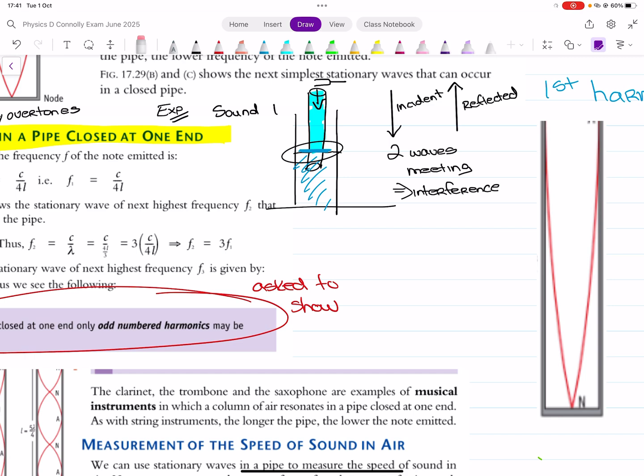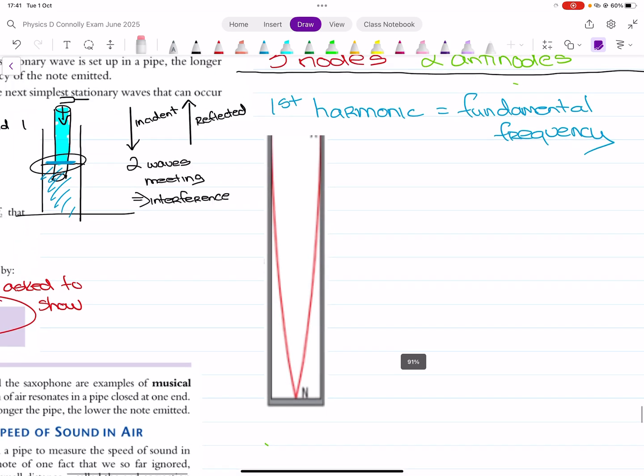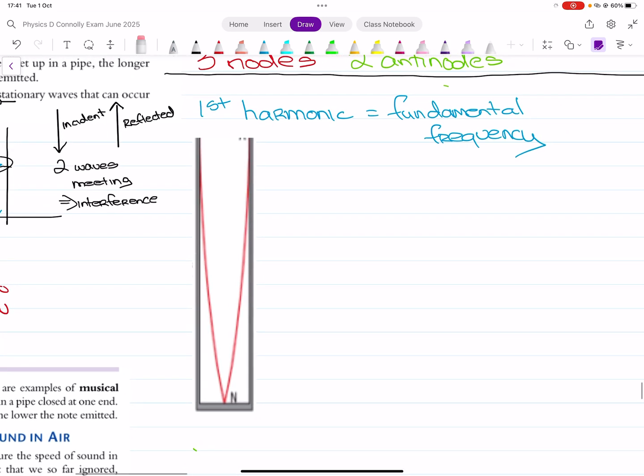Now, it looks different in a pipe closed at one end. So in a pipe closed at one end, this is what the first harmonic or the fundamental frequency looks like. So down here, we get a node. And up here, we get an antinode.